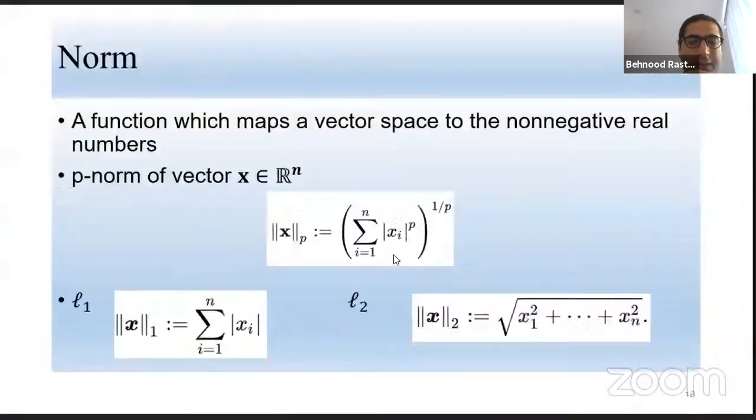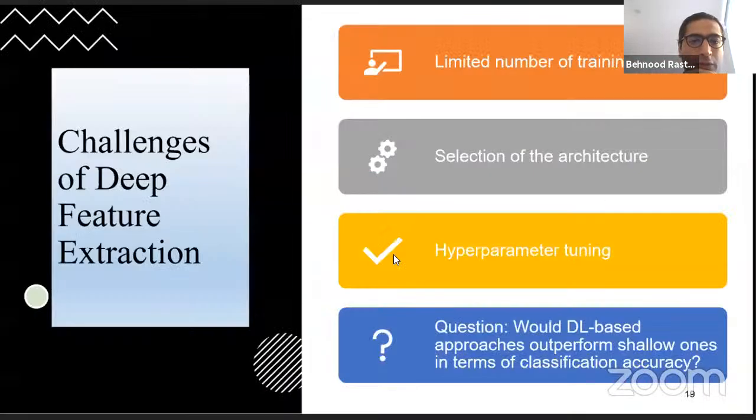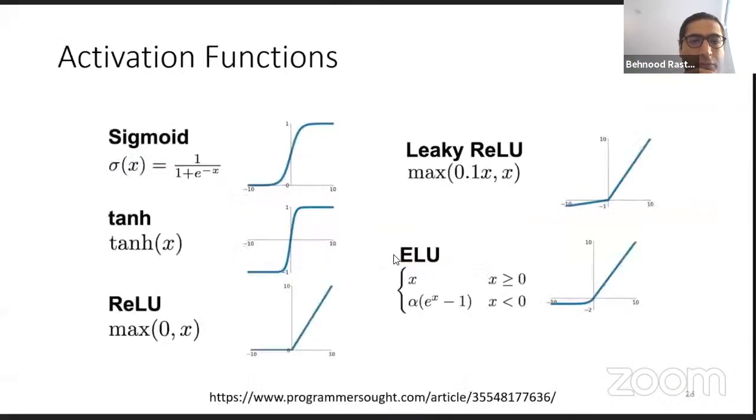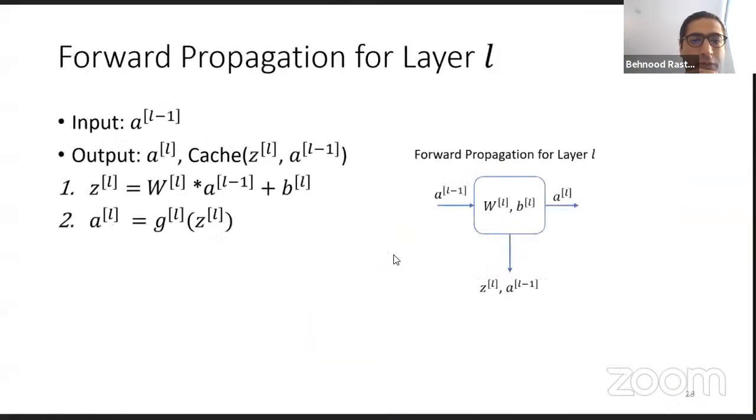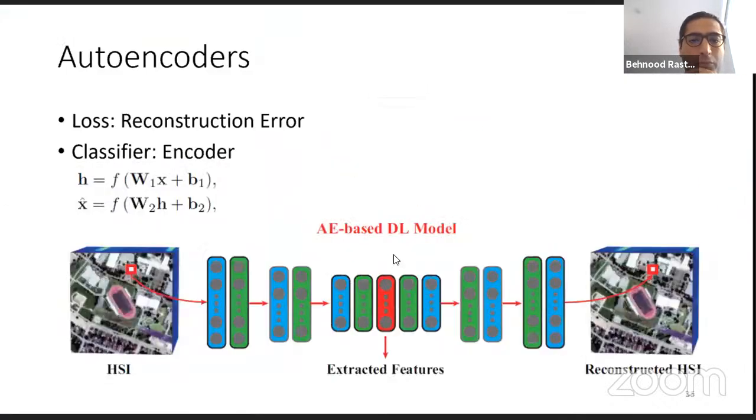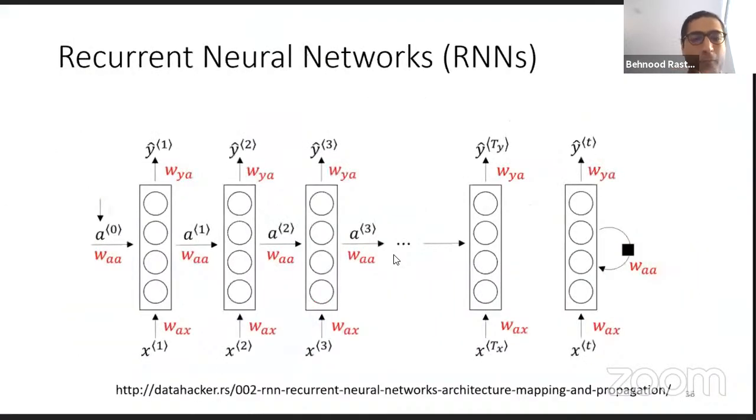So yeah, we already talked about CNN and autoencoders, and now we move on to RNNs, recurrent neural networks. RNNs are suitable for sequential data, and you have your data at different times, x1, x2, x3, and x at time t.